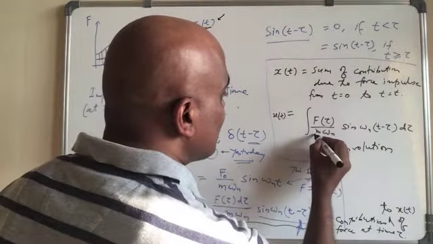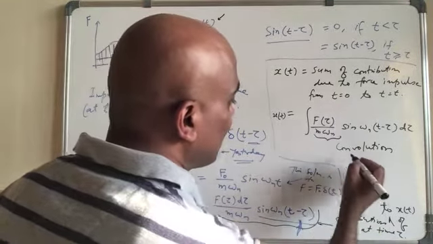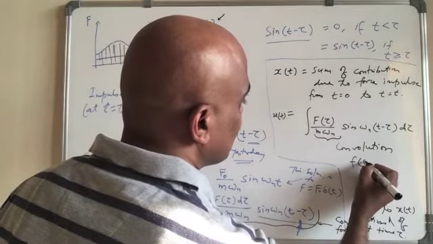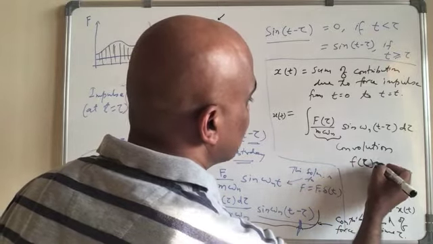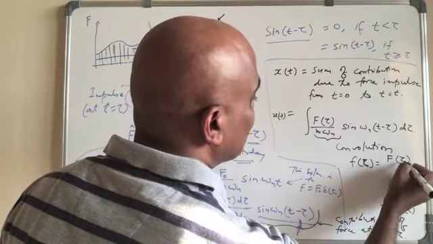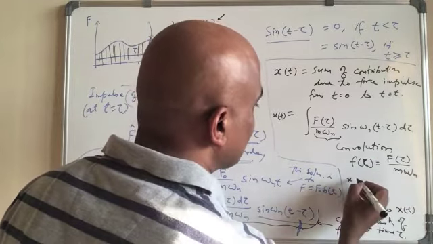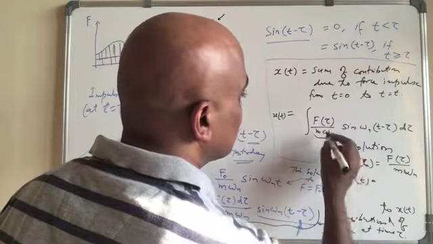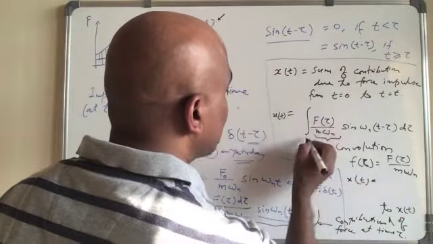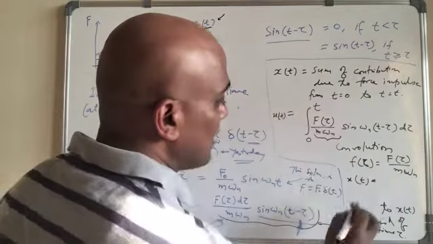We can say from here to here is a small f(tau) equal to big F(tau) divided by m omega n, and we can write this x(t) as the integral from 0 to t.